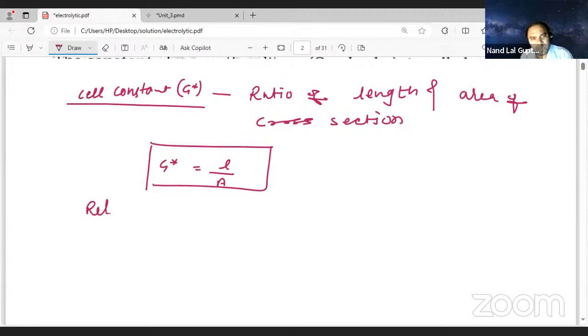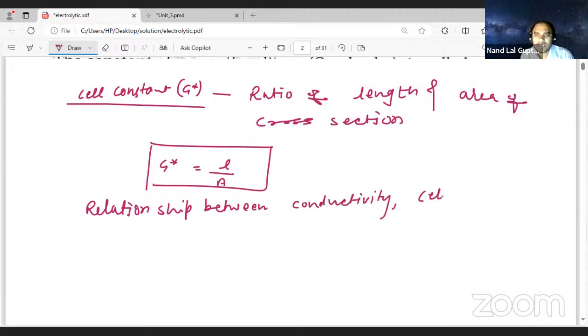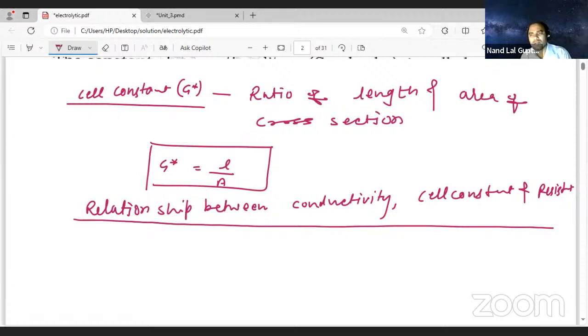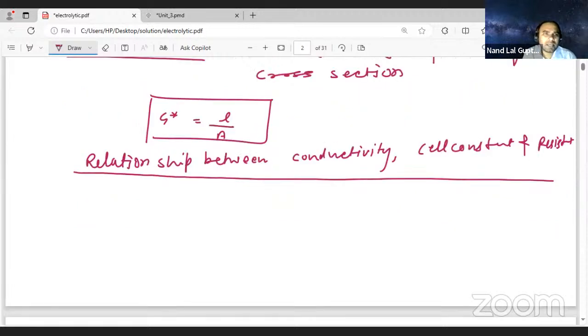Now, relationship between conductivity, cell constant and resistance. These are very important points which I am telling you. Relationship between conductivity, cell constant and resistance.